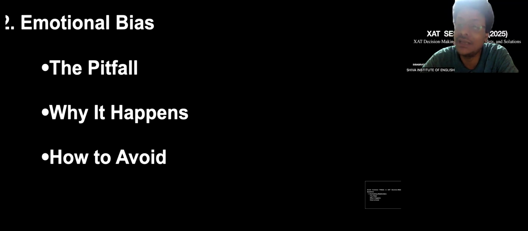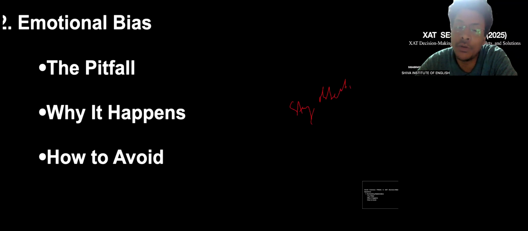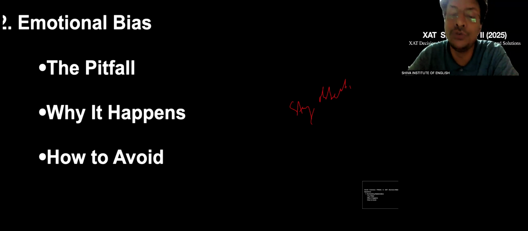In that case, you need to stay objective. When we talk about staying objective, it means focus on the facts presented in the case. Second, you need to use logic.